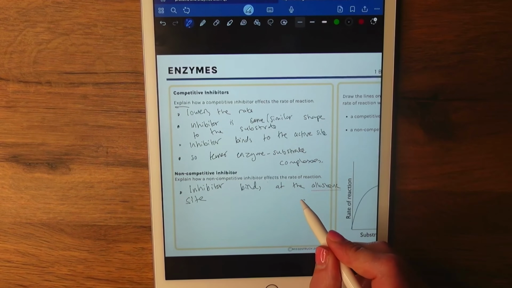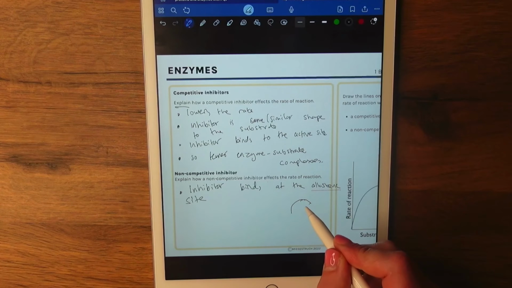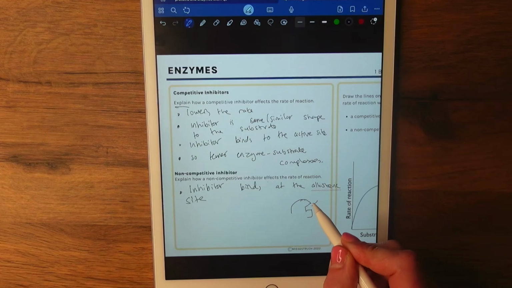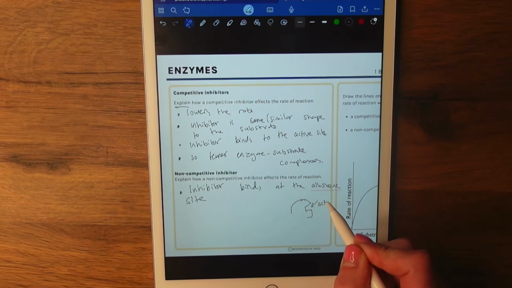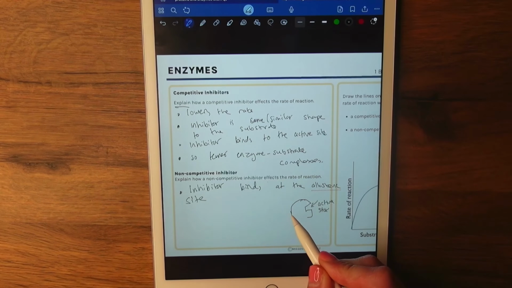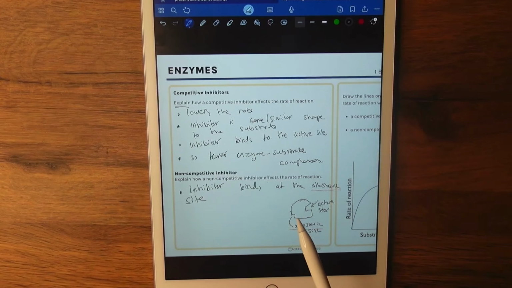So let's say this is your enzyme and that's the active site. An allosteric site would be a different location to the active site, so it could be there. So you can just describe that. You could say it binds to the enzyme, not at the active site, but at a different point. Or for fewer words, you can just say it binds to the allosteric site.